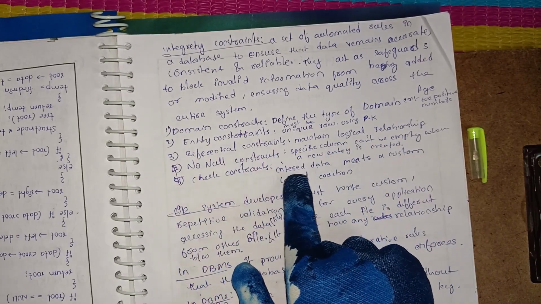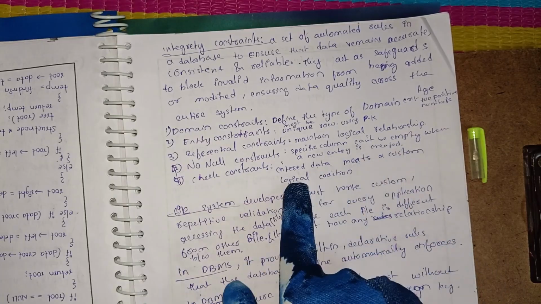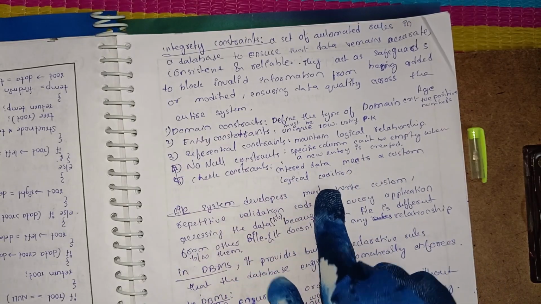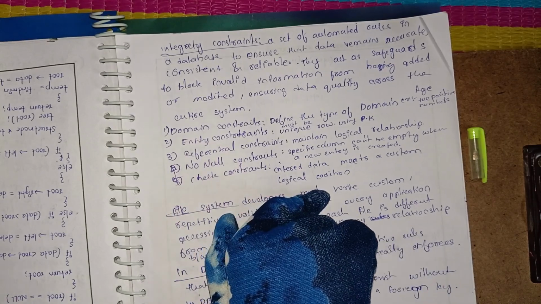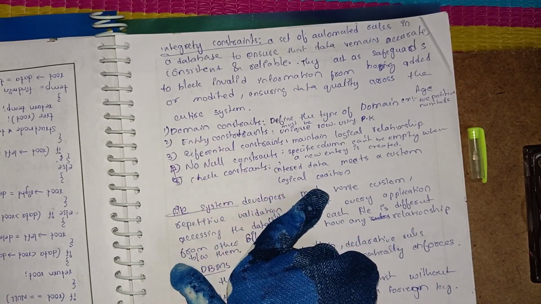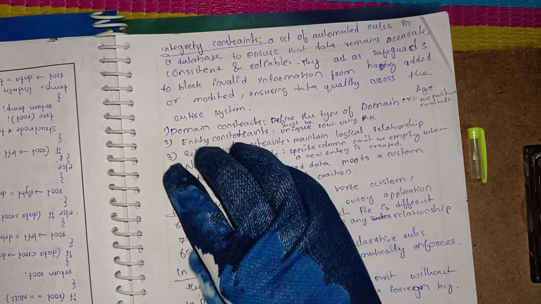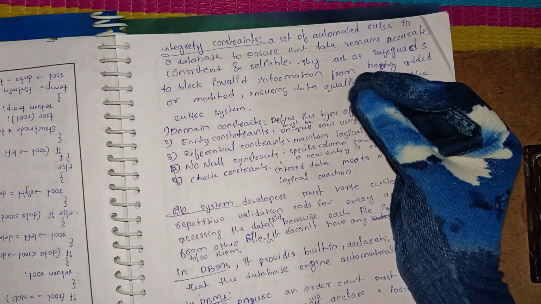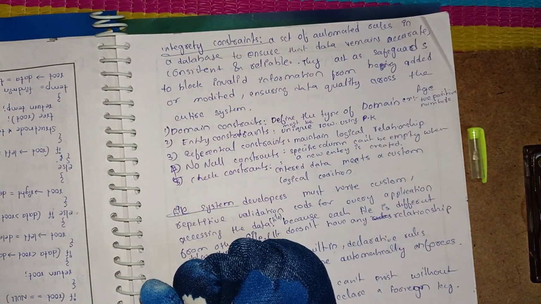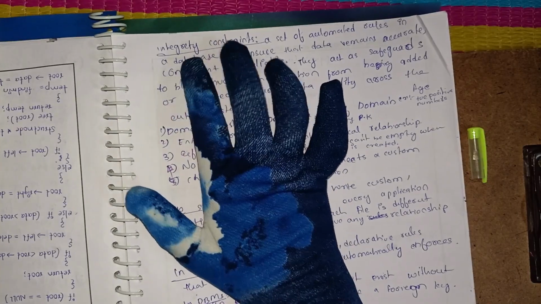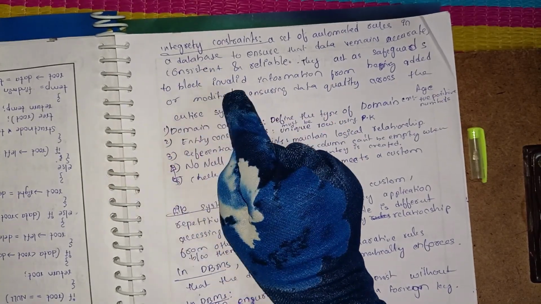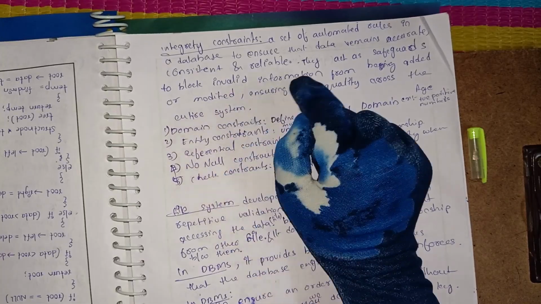And check constraints: entered data must meet a custom logical condition. So for example, we are creating a table with a condition. The table is an employee table, with employee ID, employee name and employee salary.